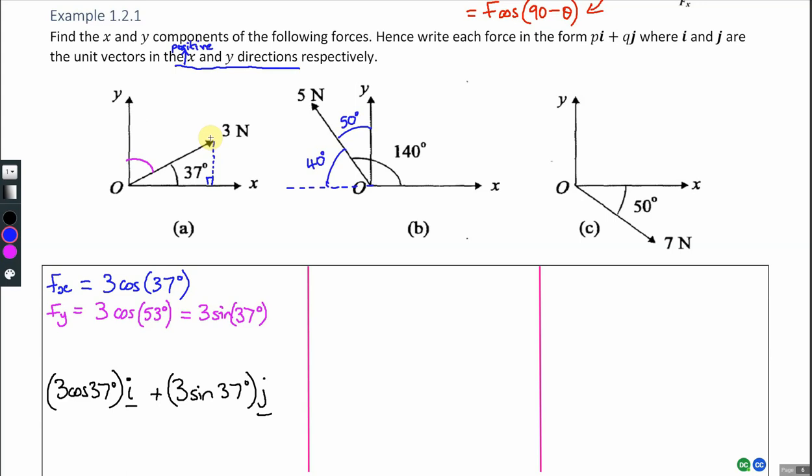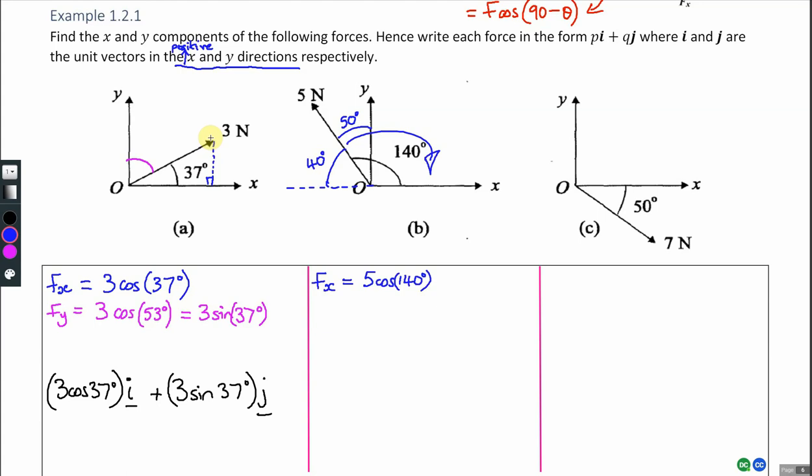Now there are many ways we can do part B. Let's do the horizontal component first in the positive x direction. I'll write down all the different versions, so any of these would be correct. First up, 5 cos of 140 degrees. We're turning it through 140 degrees, and it's cos of the angle you need to turn it through.